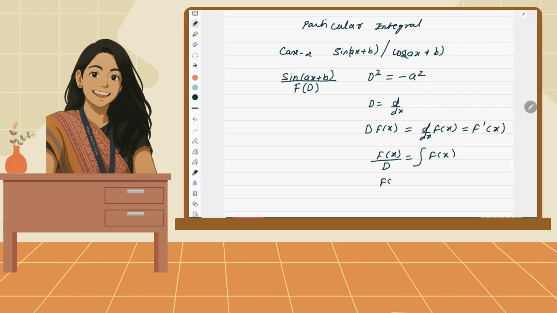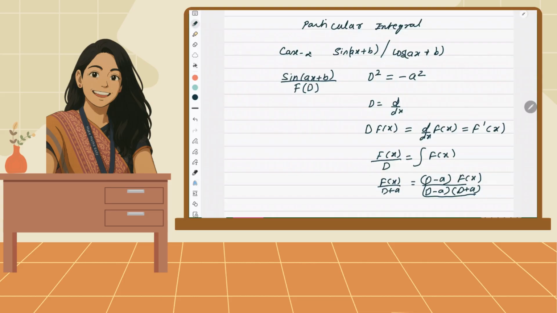And if you have f(x) upon D plus a, then you rationalize it by multiplying by D minus a upon D minus a, so the denominator becomes D square minus a square. D square I can substitute as minus a square, and D of f(x) means differentiation, and a of f(x) will be a number.